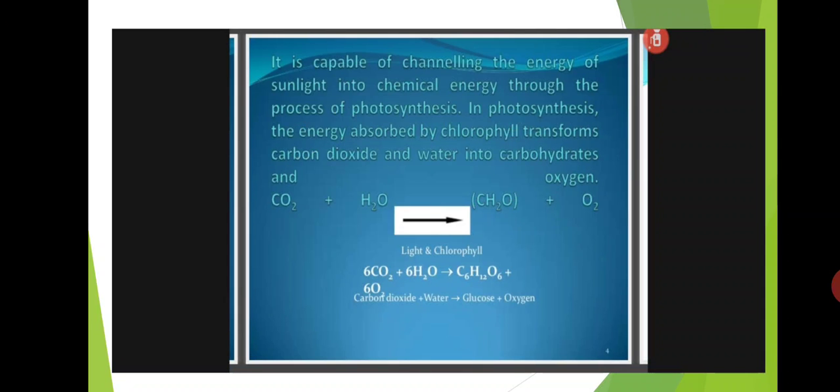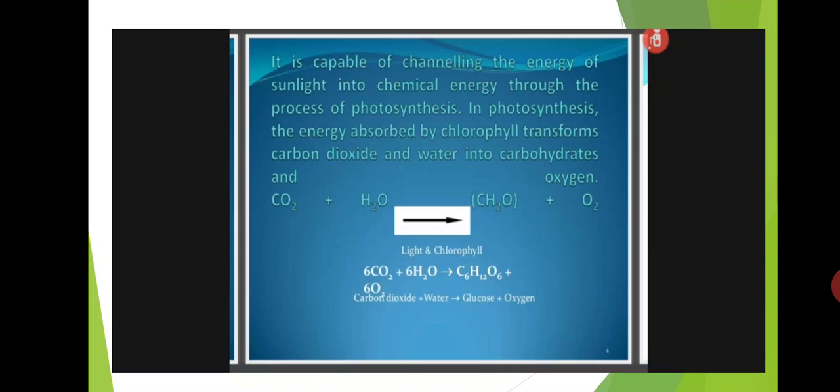It is capable of channeling the energy of sunlight into chemical energy through the process of photosynthesis. All of us know that plants prepare their food through photosynthesis. In that process, chlorophyll receives the energy of sunlight and produces carbohydrates for the plants.